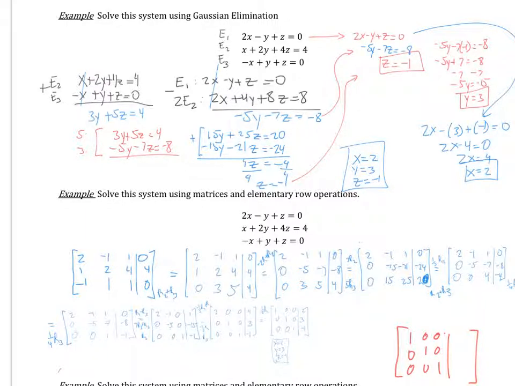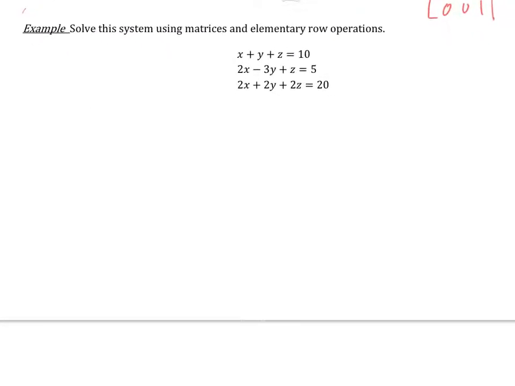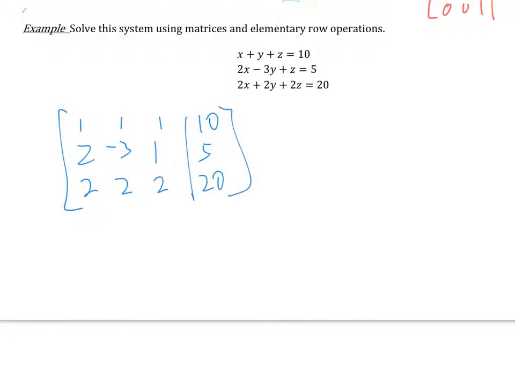Now what we're actually going to be worried about, what we do want to master, is using your calculator. So we can go to our calculator and just enter this matrix for this one example: 1, 1, 10, 2, negative 3, 1, 5, 2, 2, 2, and 20. So go enter this in your calculator.